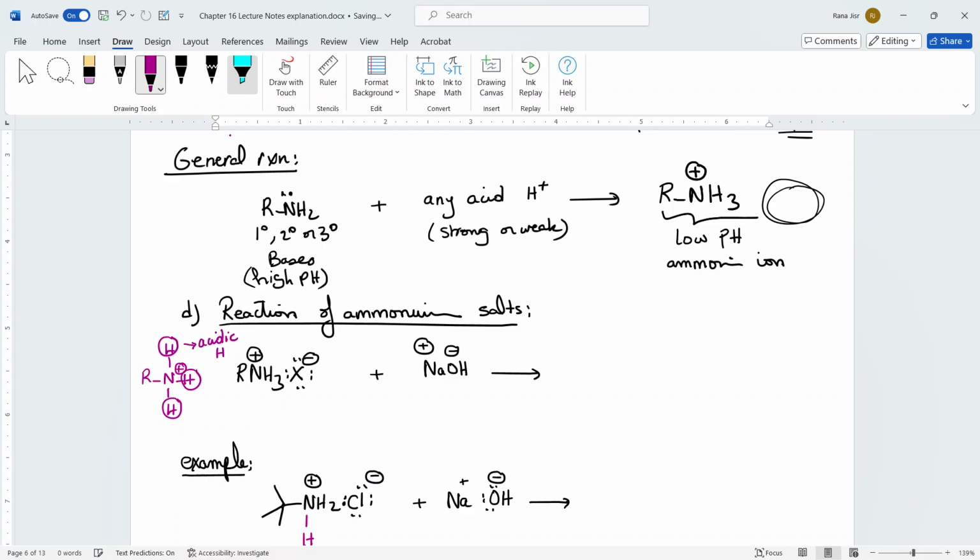Why are they acidic hydrogens? Same idea, because they are connected to a nitrogen with a positive charge. This nitrogen is electronegative and at the same time lacks electrons. It's going to try to pull more electrons away from the hydrogen to make it more partial positive. So all of these hydrogens are going to be considered acidic hydrogens.